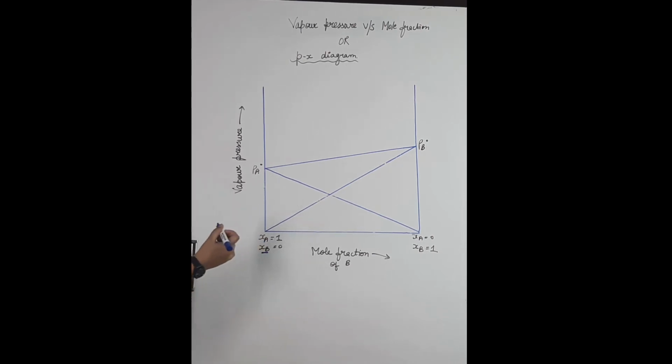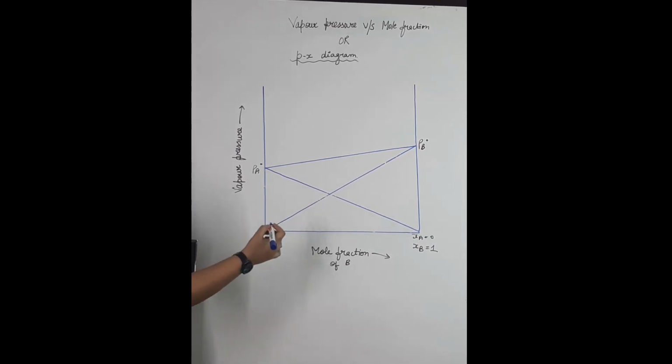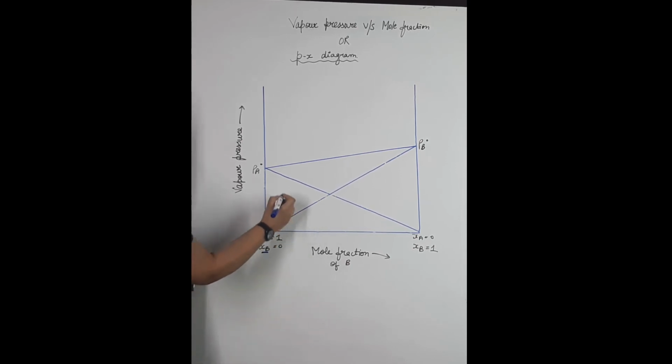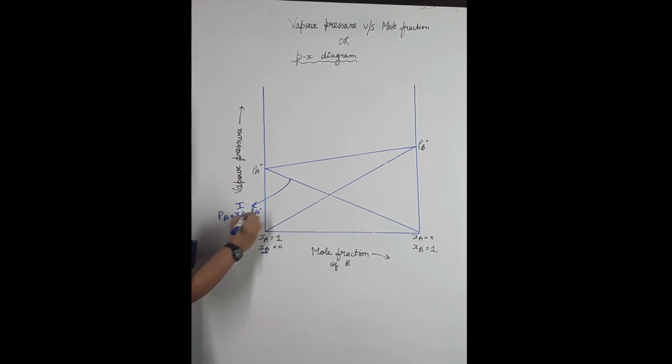As we have seen in Raoult's law for volatile solutes, PA is equal to XA into PA naught, and this is your first line. We stated this earlier.